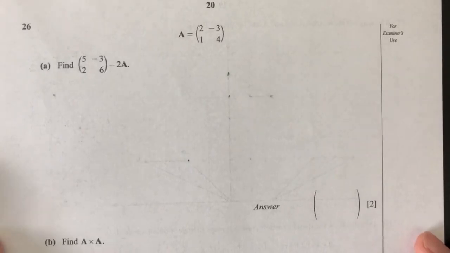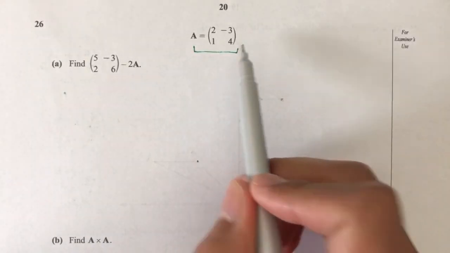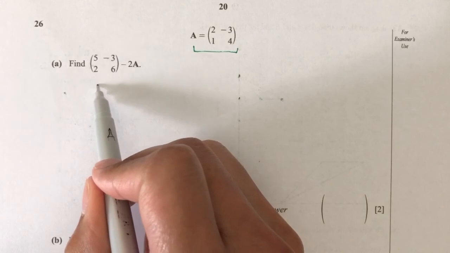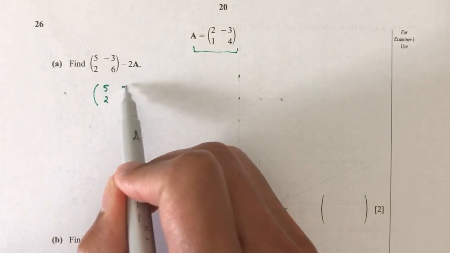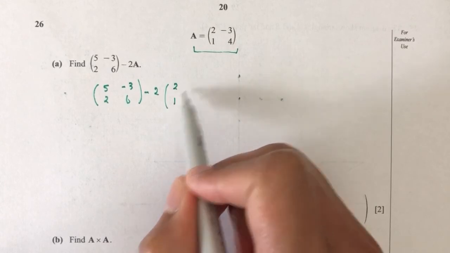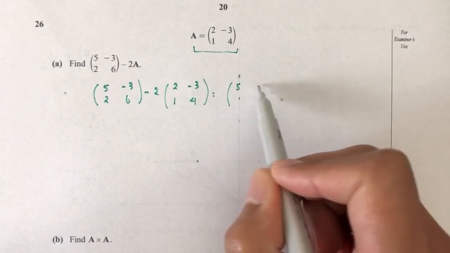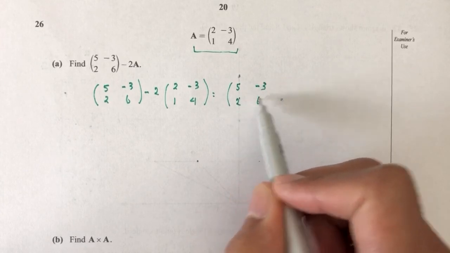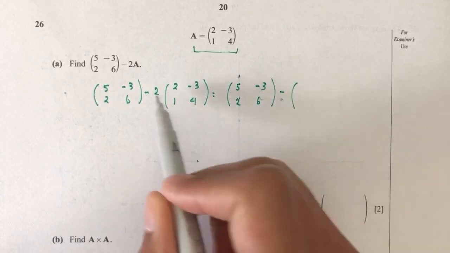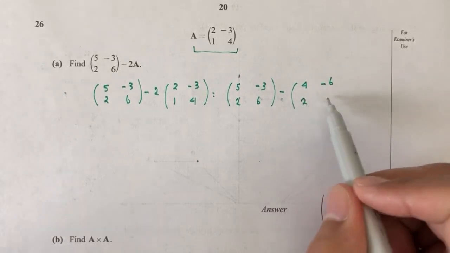Moving on to question number 26. We have A is this matrix. Find this. We have to replace the A in the matrix. So 2 times A, 2, 1, minus 3, 4, equals 5, minus 3, 2, 6, minus 2 times 2, 1, minus 3, 4, which is 4, 2, minus 6, 8.